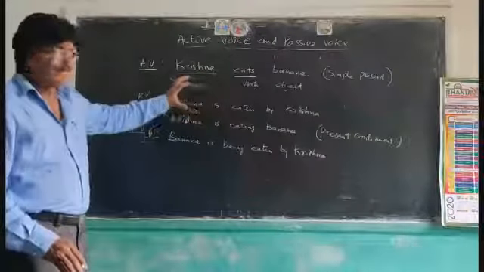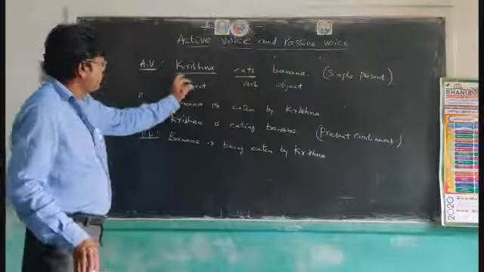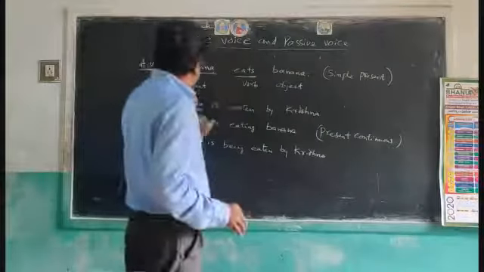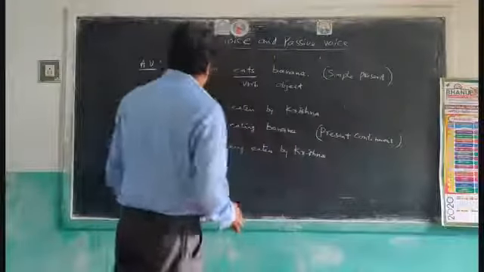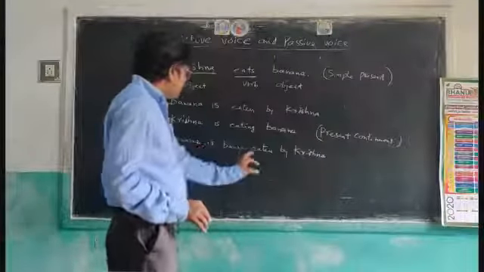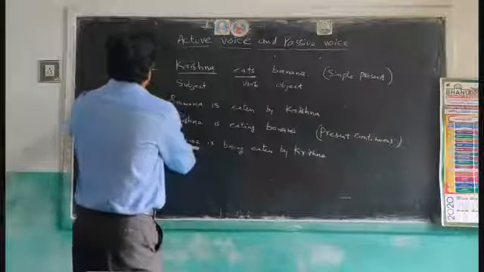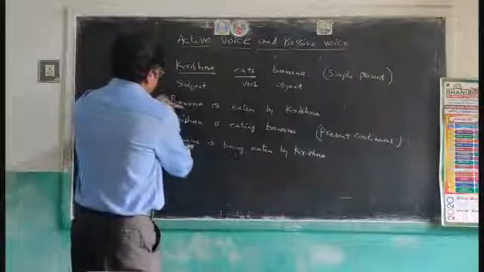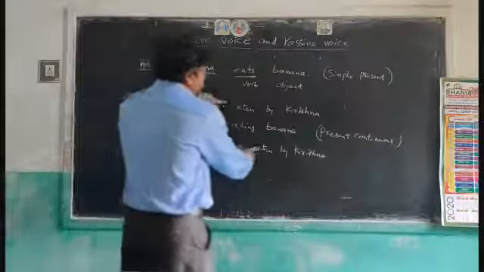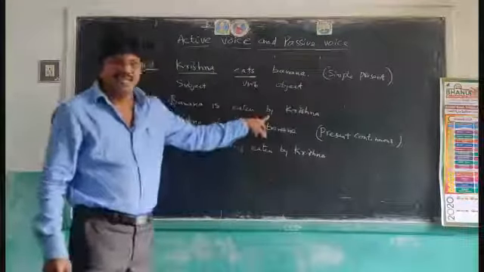Once compare these two sentences. Krishna eats banana. Banana is eaten by Krishna. Krishna is eating banana. Banana is being eaten by Krishna. Here the voice changes. Banana, by Krishna, are the same.